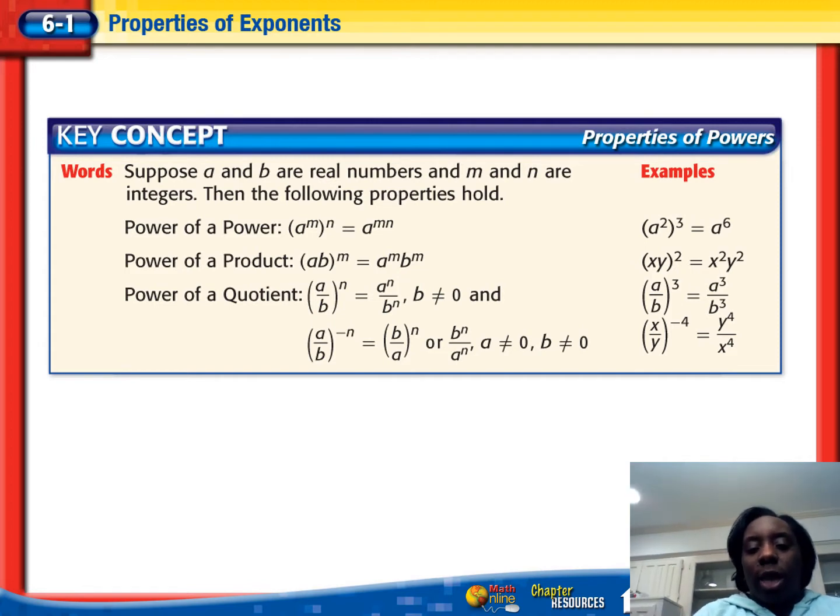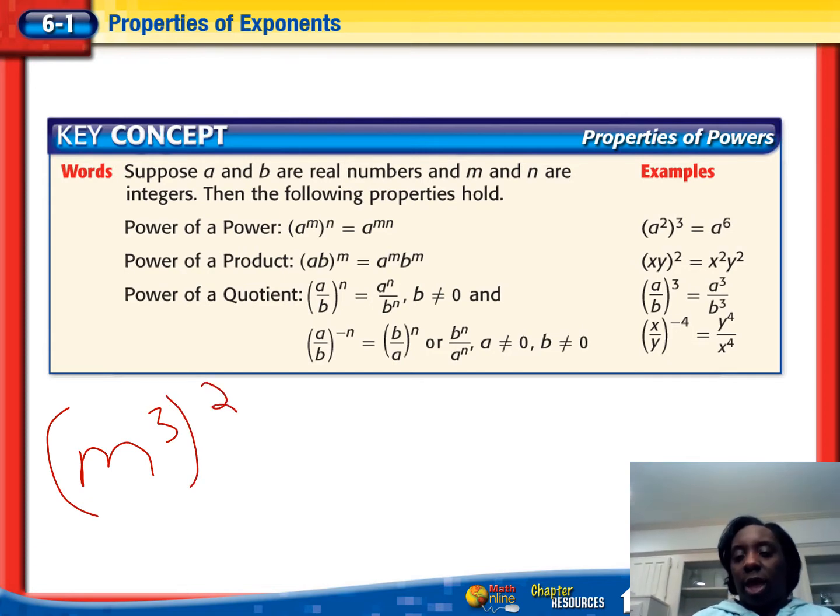So what we mean is, if I had written m to the third power, raised to the second, well, normally you would think 5 to the second power, right? We know it's 5 times 5. Do we all agree?